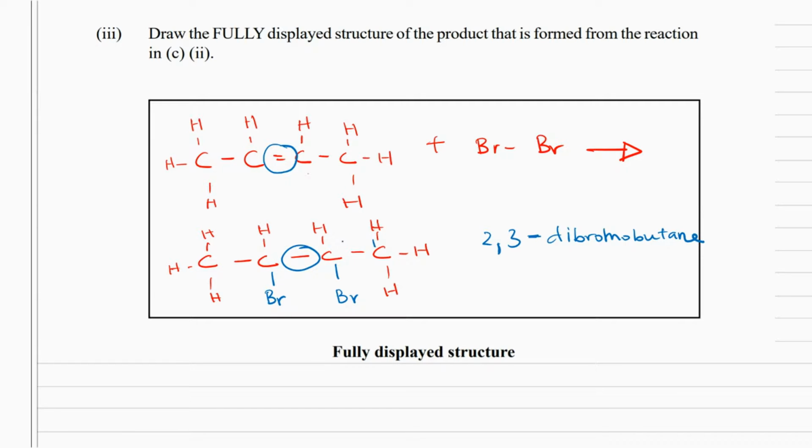So 1, 2, 3, 4. Going right or left, the bromine atoms would be on carbon numbers 2 and 3. So it'd be 2,3-dibromobutane. Okay.